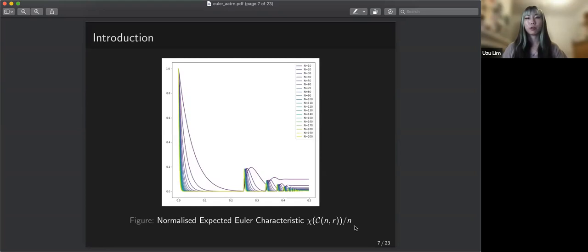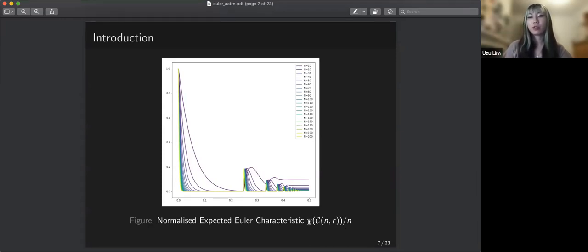So here's one of the big pictures that I want to emphasize to you. If you compute the expected Euler characteristic, and the formula I'll show you precisely, one of the main results I'll be discussing is the exact formula.